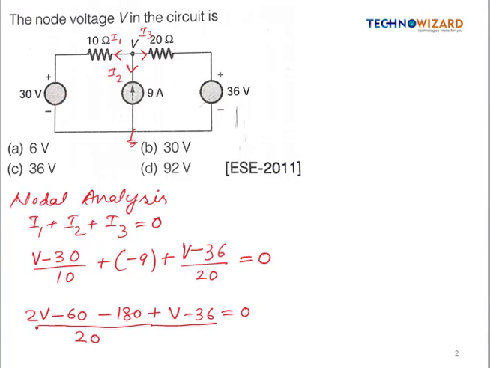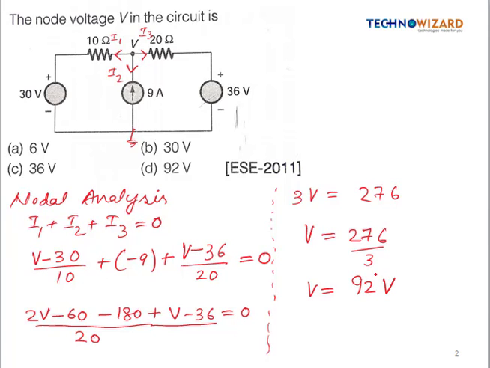We can simplify it: 3V is equal to 180 plus 60 plus 36, that is equal to 276. From here we get the value of V as 276 by 3, which is equal to 92 volt, right? So option D is correct.